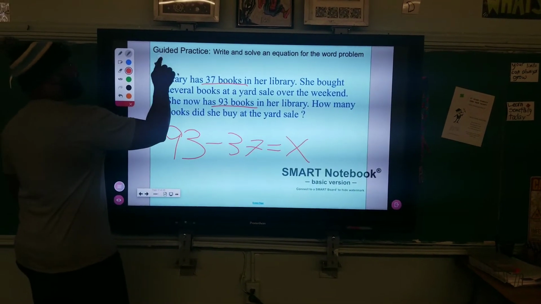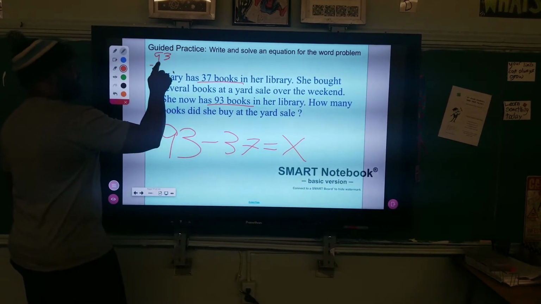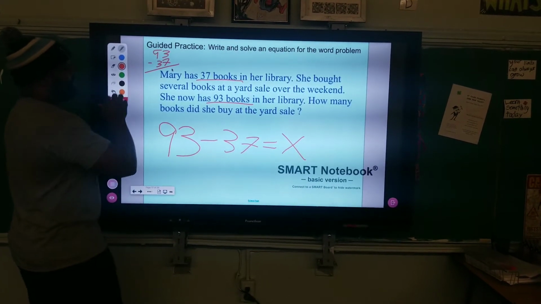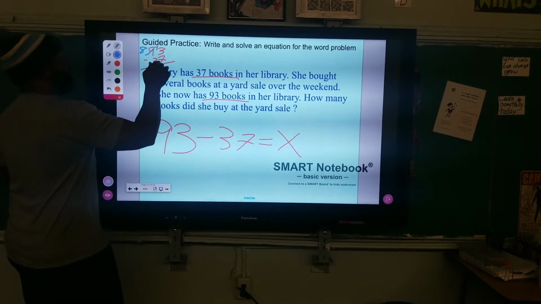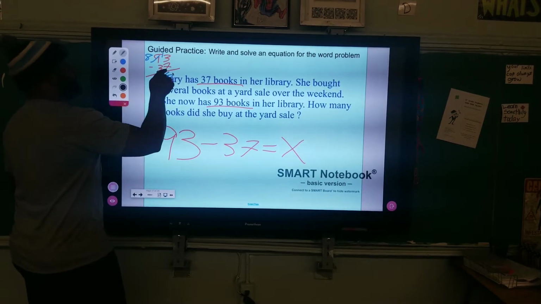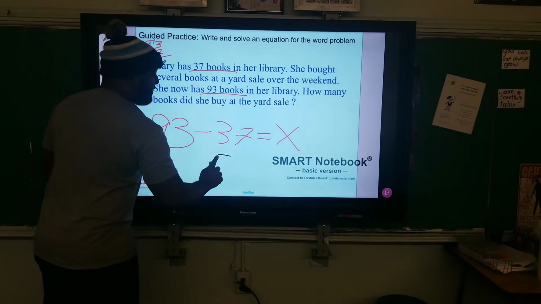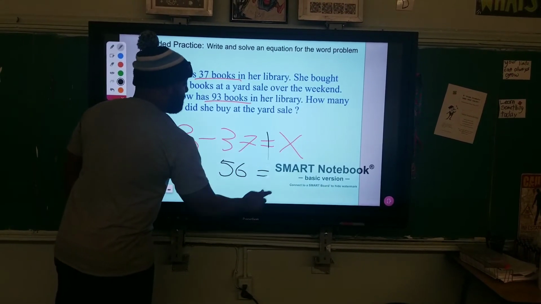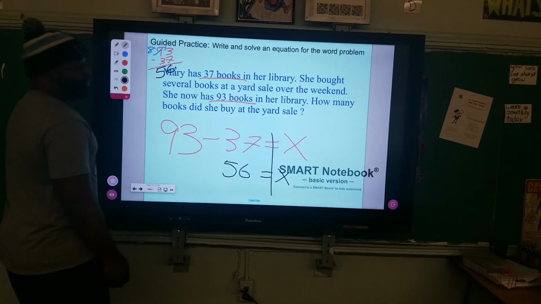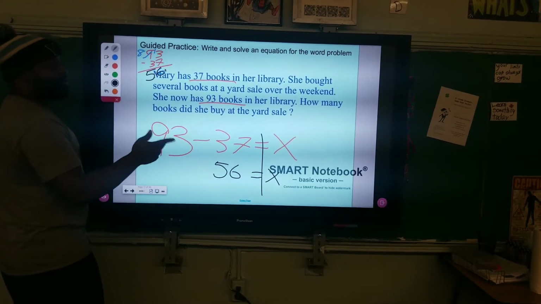So literally, this would just become a nice, simple problem of us subtracting. So we would borrow here, 13 minus 7 is 6, 8 minus 3 is 5, and we would still get 56 equals x. So same answer, two different ways.